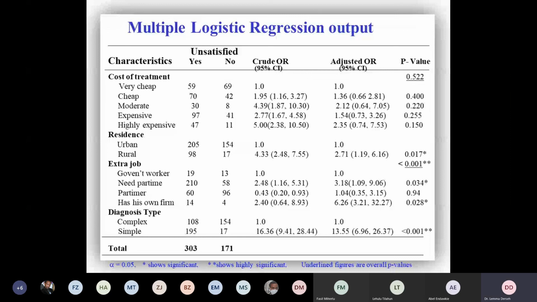Usually we use 0.2. So those independent variables which have a p-value of 0.2 for an adjusted one will be taken into the multi-variable logistic regression.